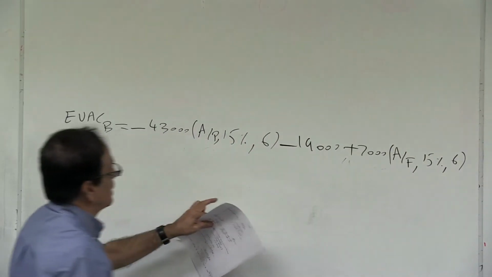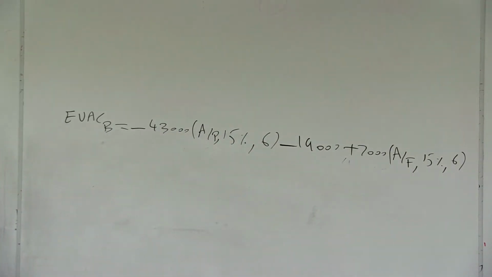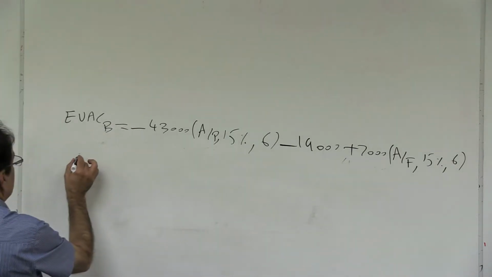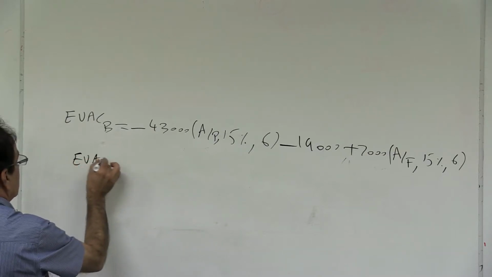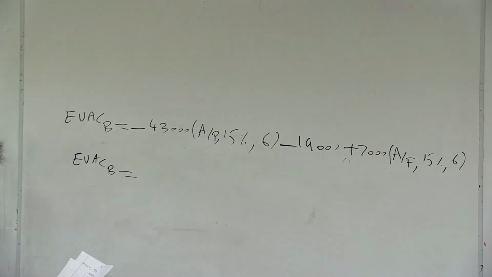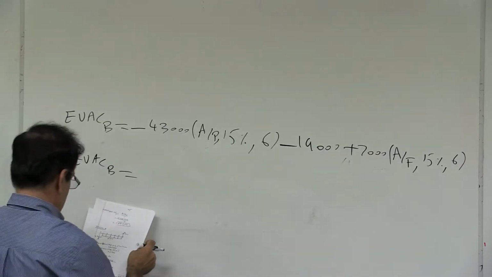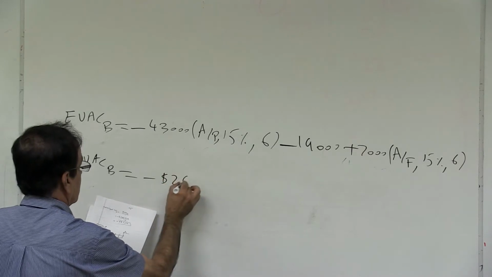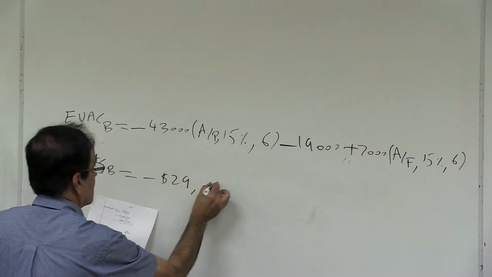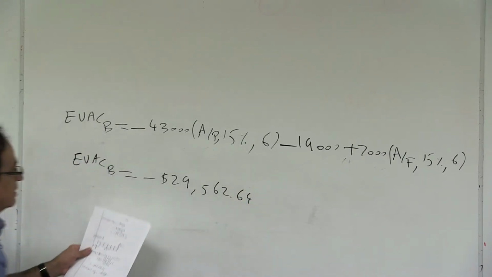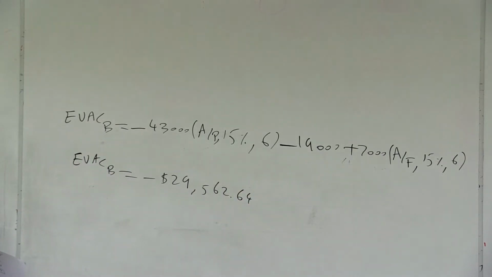That's going to give you the annual cost associated with alternative B. You have to go to the table and find A given P and A given F. After substitution, you're going to get the EUAC for B, which is 29,562.64. So that's the annual cost for alternative B.